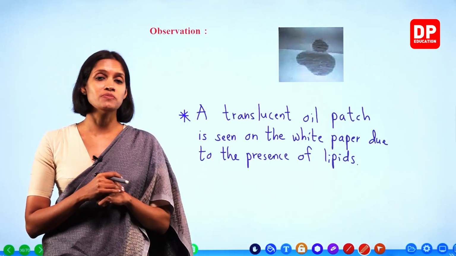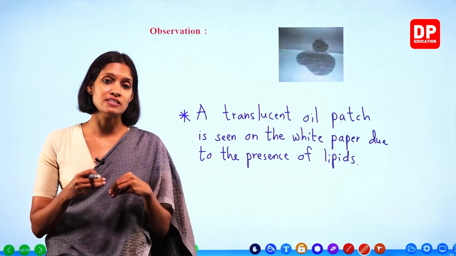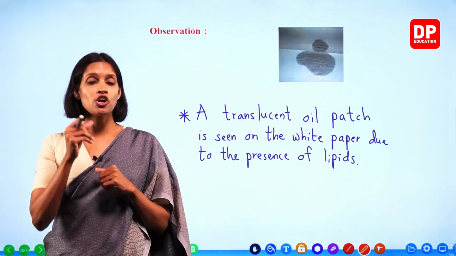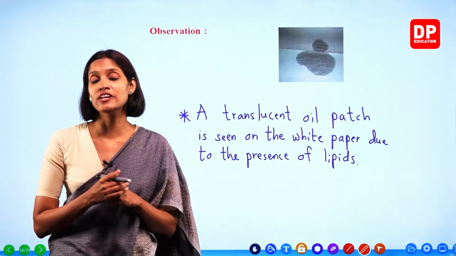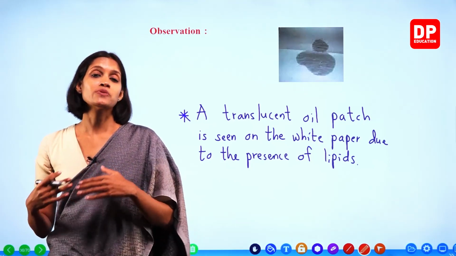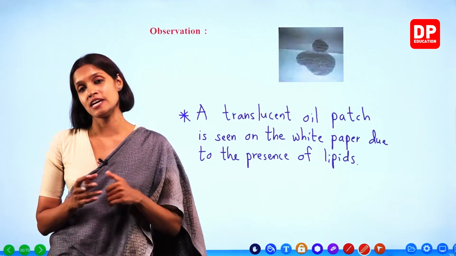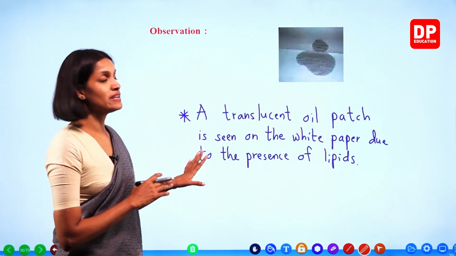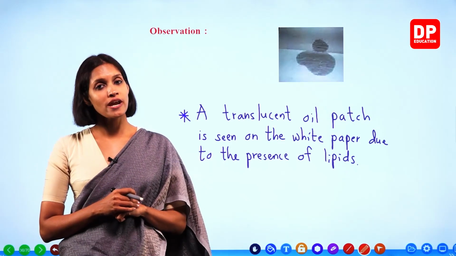And then you will observe that this Sudan 3 will not properly dissolve in this liquid. It will turn into red color globules. Okay, tiny red globules will form. So this proves that lipids are present in the food sample. So this test is known as the Sudan 3 test. Okay, children, you are not going to learn it in this grade, but in the upper grades, you are going to learn that too. Right, children?